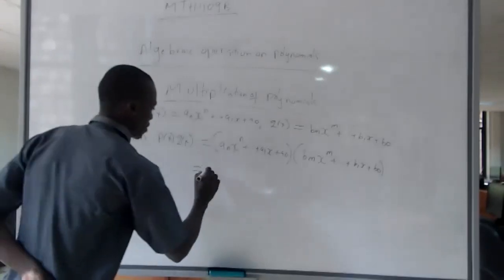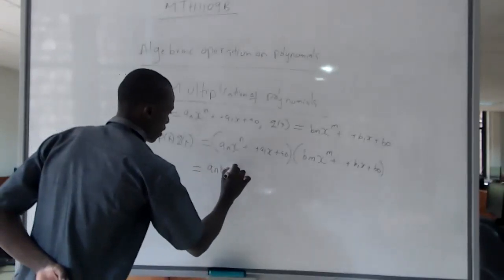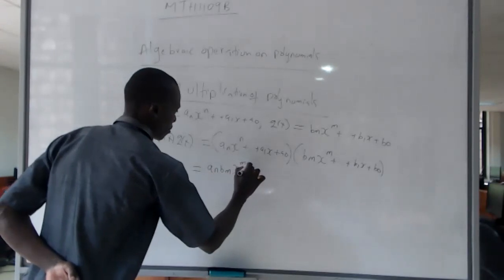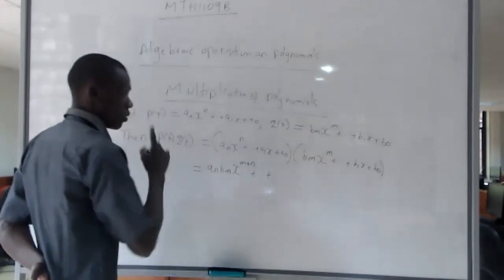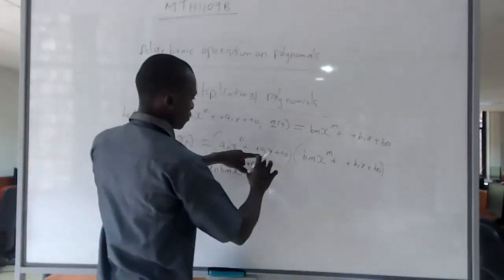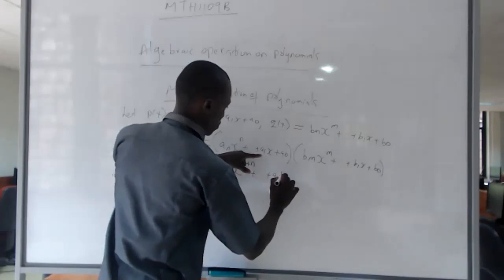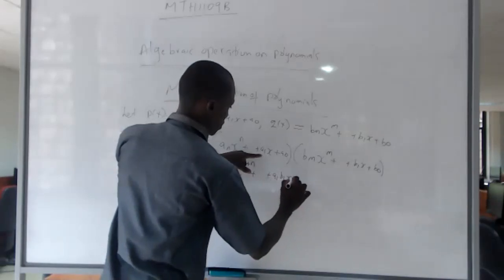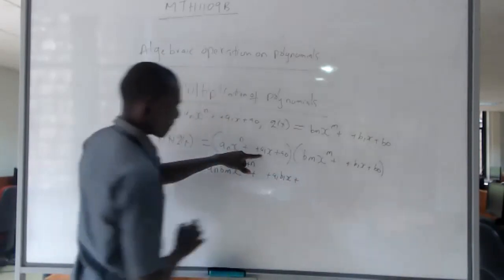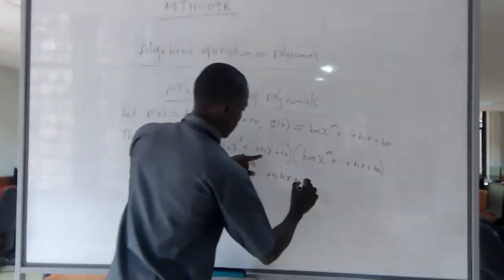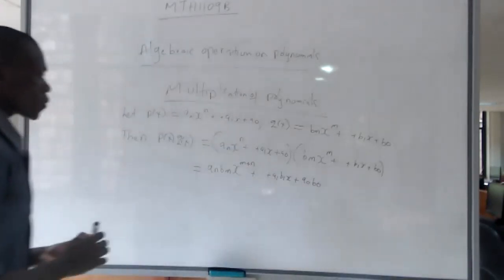If you do that, you will get a_n b_m x to the m plus n plus all the way to a_1 b_1 x plus a_0 b_0.